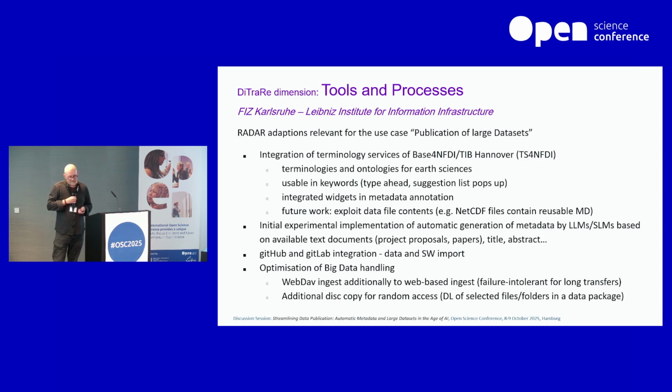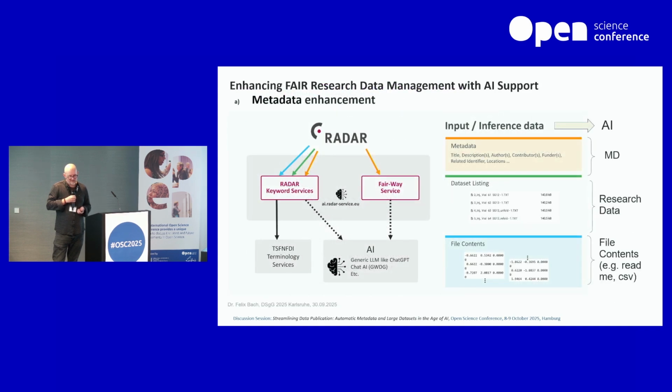And with that, I will skip some parts because we are so much over time. So here you see the metadata enhancement part. So as I said, we can use the metadata of a data set that is already annotated as an input, but we can also look into the data set itself.